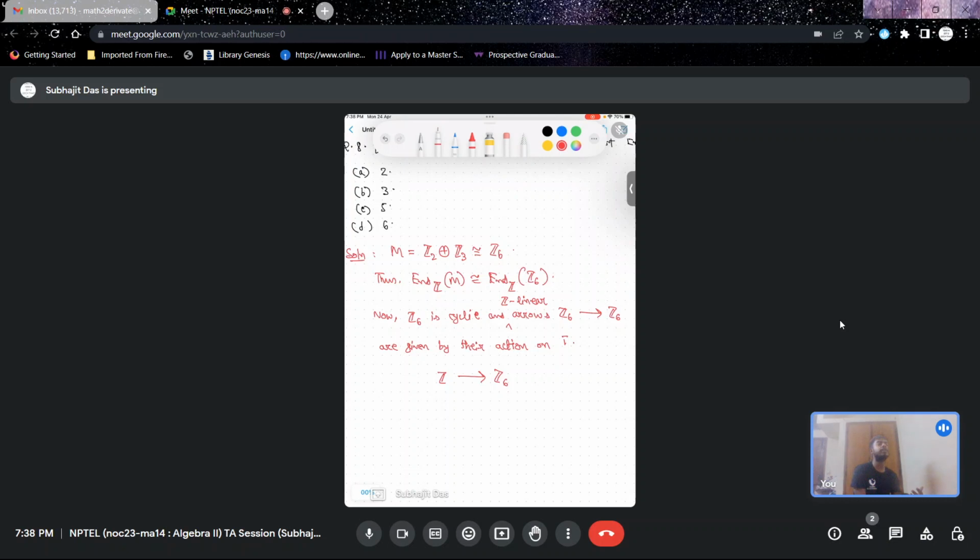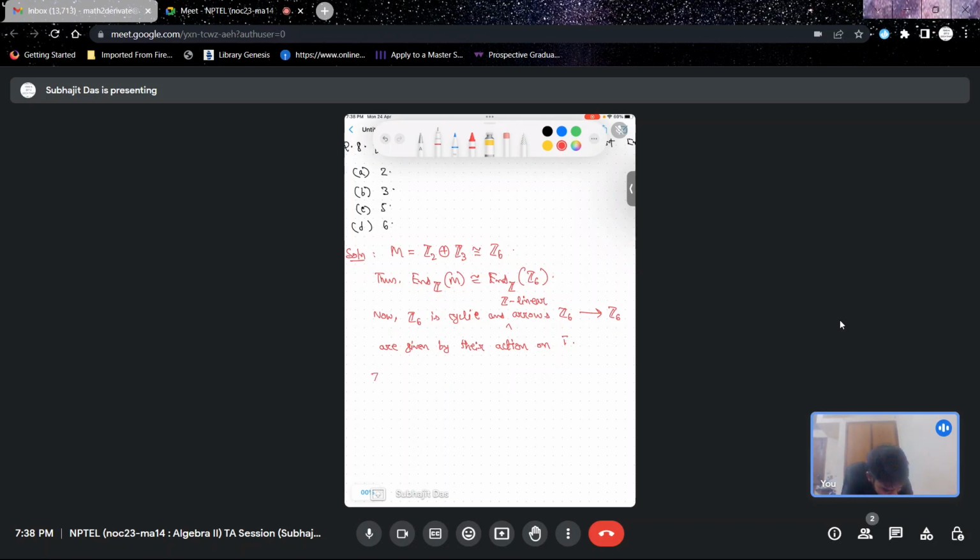Conversely, any map from Z to Z6 is completely given by its action on 1, and if the map sends 1 onto some element such that 6 times that element is 0, then you get a map from Z6 to Z6. Okay, so let me just write everything in detail.